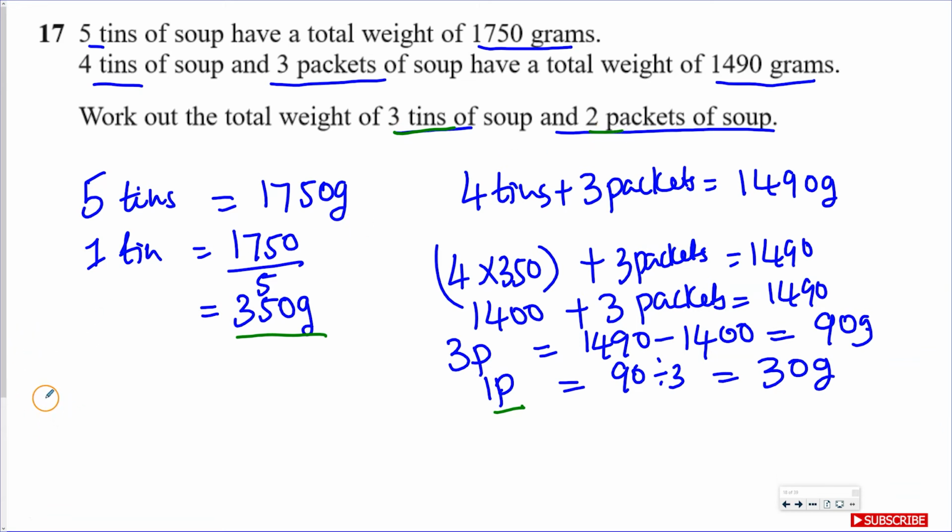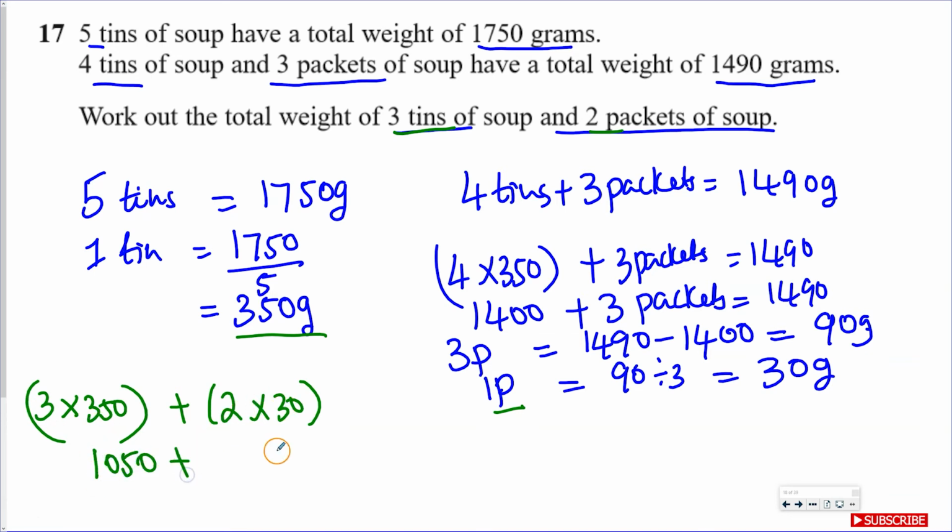So 3 tins is going to be equal to 3 times 350 grams plus the 2 packets is going to be equal to 2 times 30 grams. So these two will give you 3 times 350 is 1050 plus 2 times 30 is 60, which is going to give you 1,110 grams. So that is your answer for question 17.